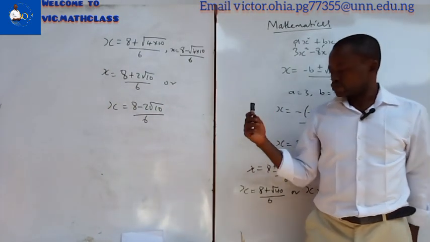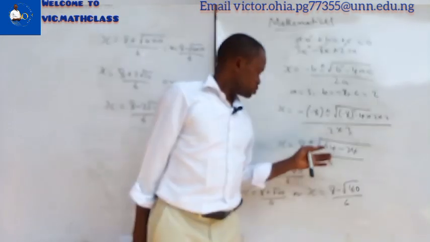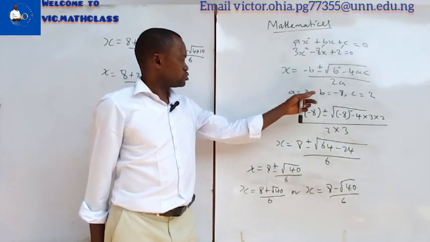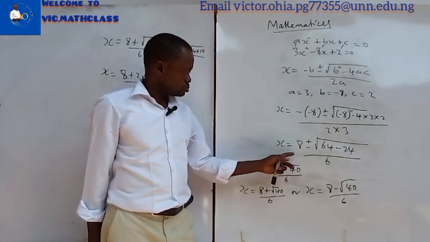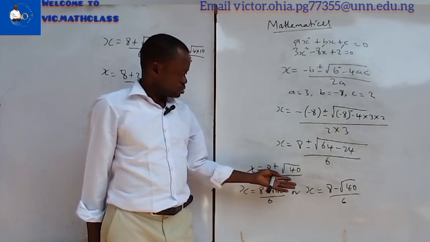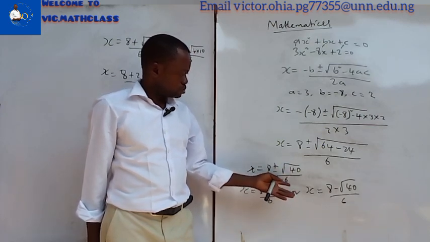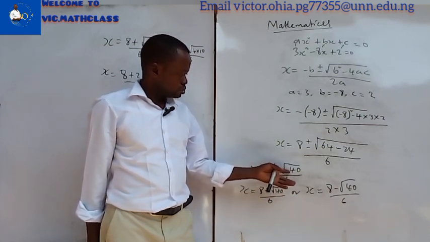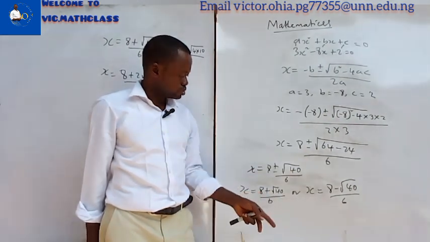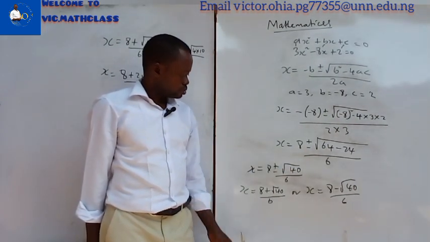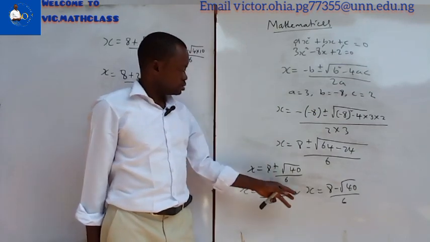You make your substitution, you resolve it, then simple addition. Sometimes they may require you to get the decimal value of this. You can use your calculator and get the actual square root, or otherwise you can leave it in short form as I did here.